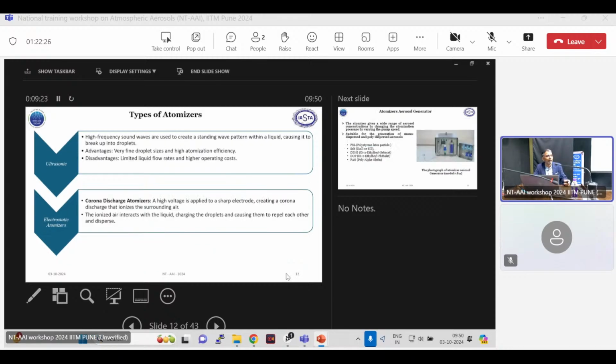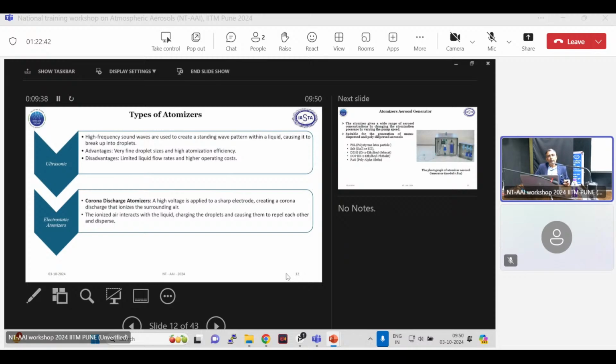Then ultrasonic way also we can create aerosol. Here we ultrasonicate the liquid at a high frequency, so it creates droplets and generates the aerosol. Then the electrostatic atomizer.